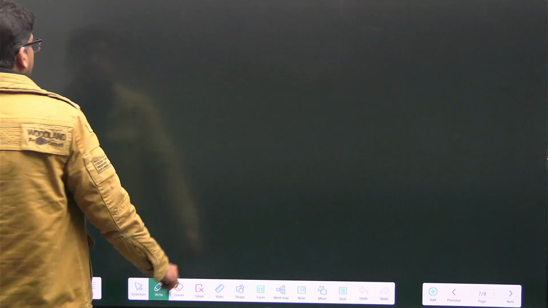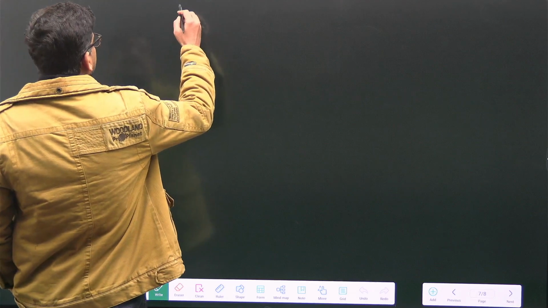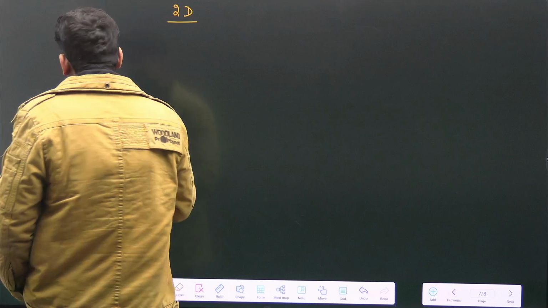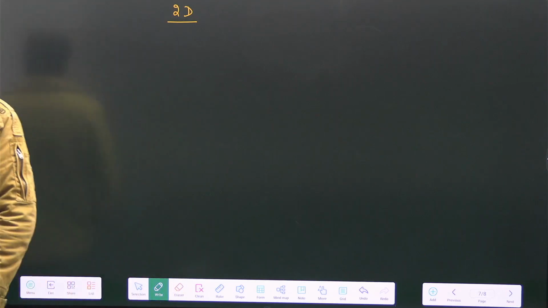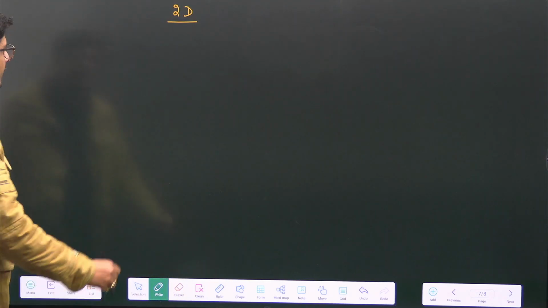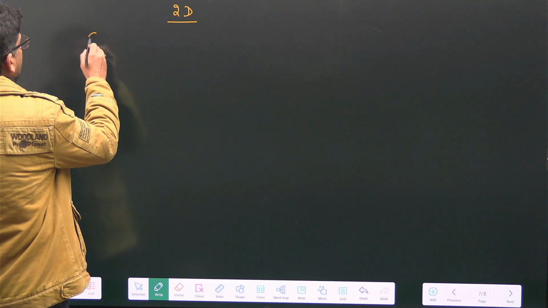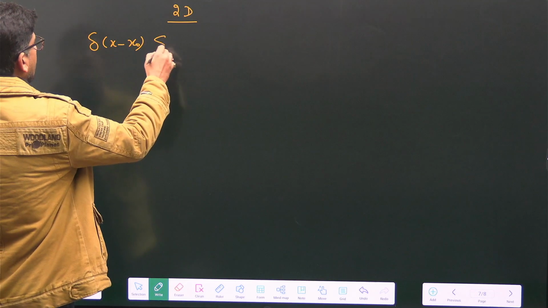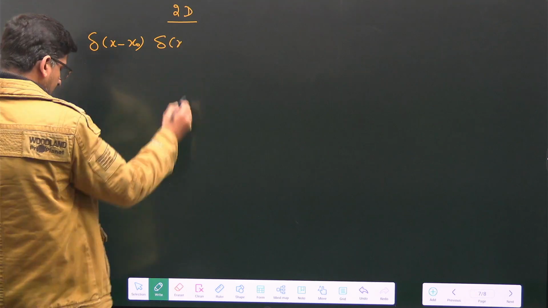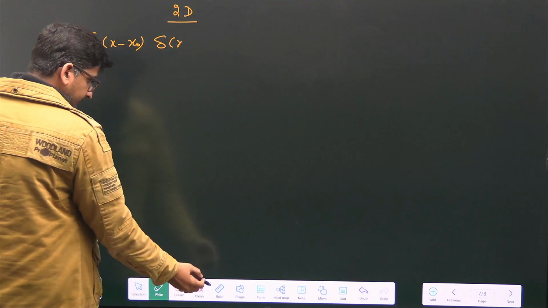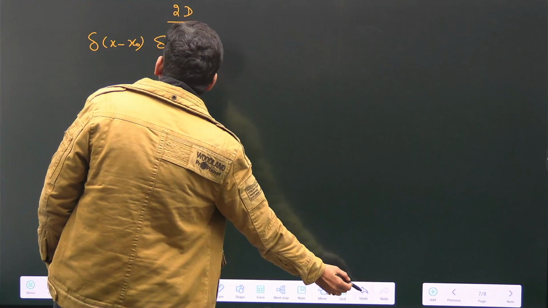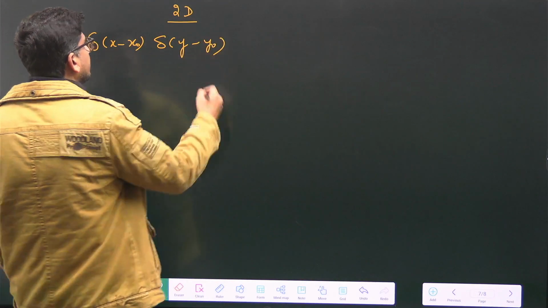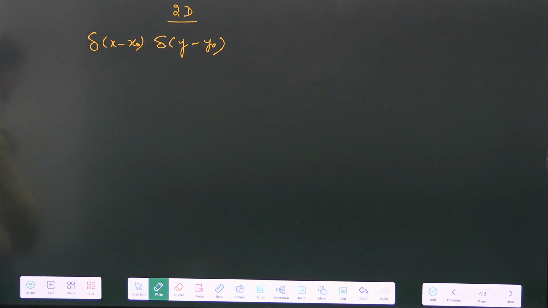Finally, अभी तक we are discussing in one dimension. So suppose I want to discuss in 2D, how I will write the delta function in 2D. So I will write it like this: delta of (x minus x naught), delta of (y minus y naught). This is delta function in 2D.